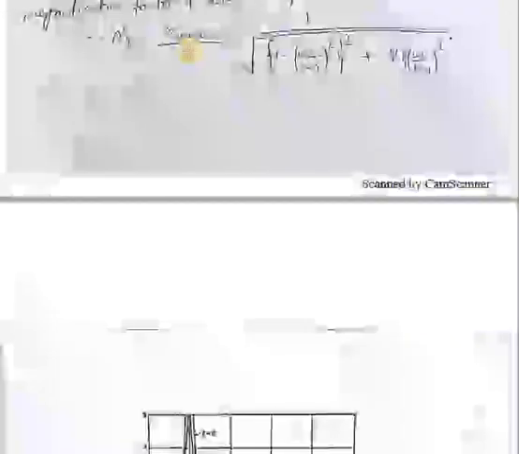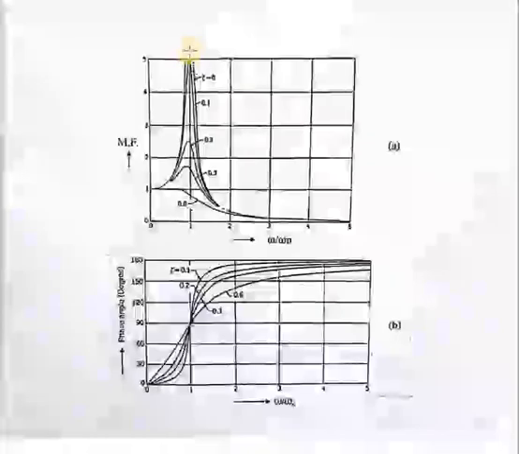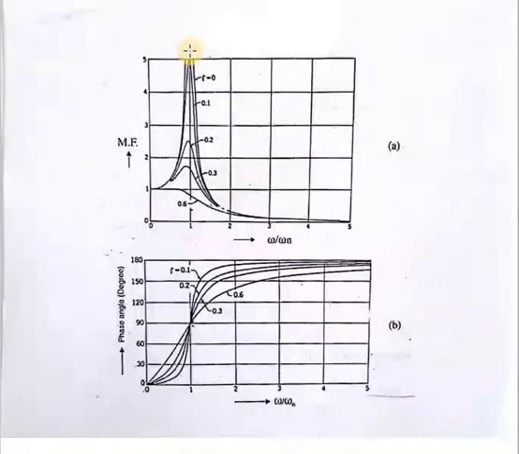Okay. So now in the same case, for the smaller values of omega by omega n, that is when omega by omega n is less than 1, both inertia and damping forces are small, which results in a smaller phase angle. Therefore the magnitude of impressed force is nearly equal to the spring force.